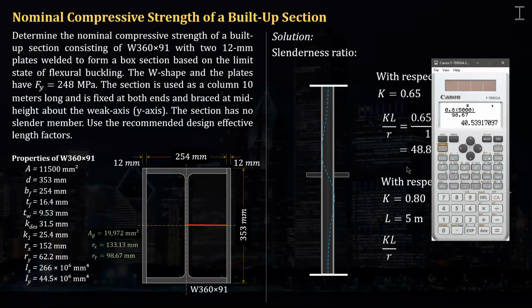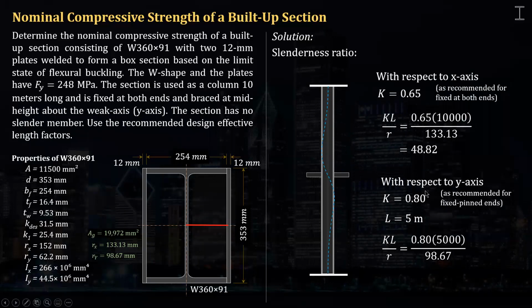And that is 40.54. Now, among these two, we have to choose the maximum, and that is this 48.82. That means the flexural buckling occurs with respect to the X axis first, before it occurs with respect to the Y axis. So we're going to use this 48.82.